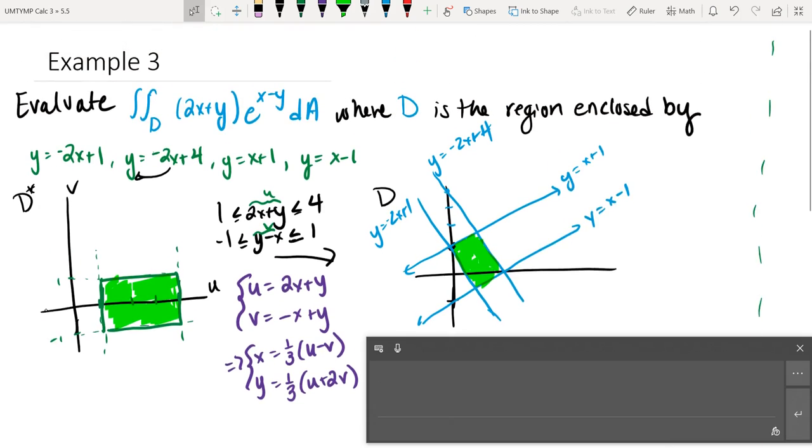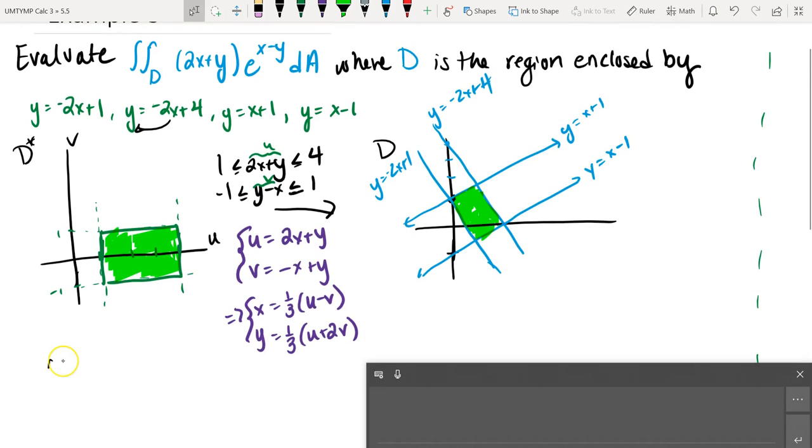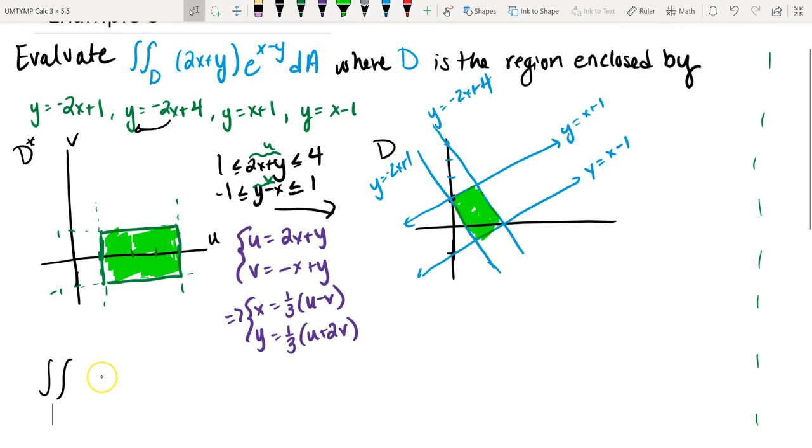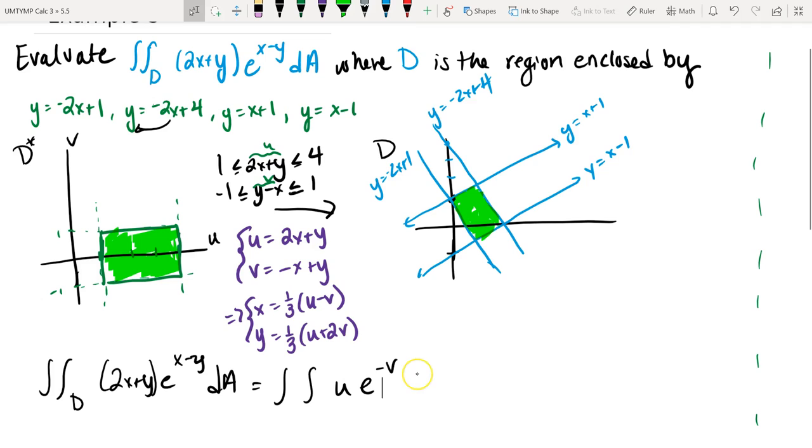So we're almost ready. We need to evaluate the double integral over D of 2x plus y times e to the x minus y, dA. Then we change this: 2x plus y is the same as u, and this is e to the minus v. And then, oh right, we need to get the Jacobian. Let's get the Jacobian going.